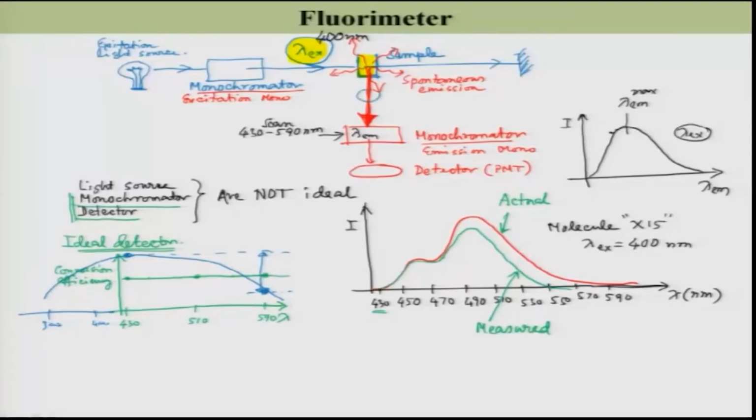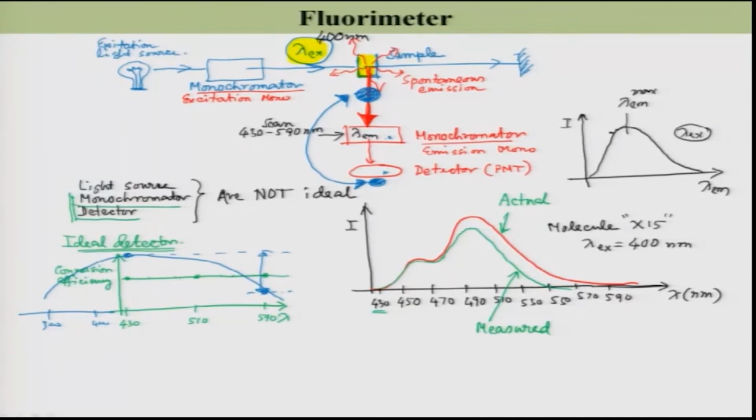That means the true spectra over here, just after the sample, and the detected one, they are different. So, I have to do something to correct it, the spectra here and the spectra here, because this monochromator and this detector, they actually distort the spectra.